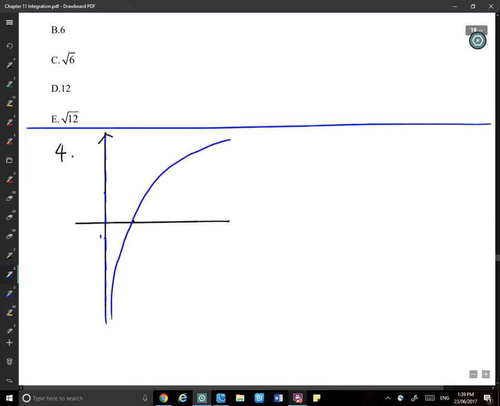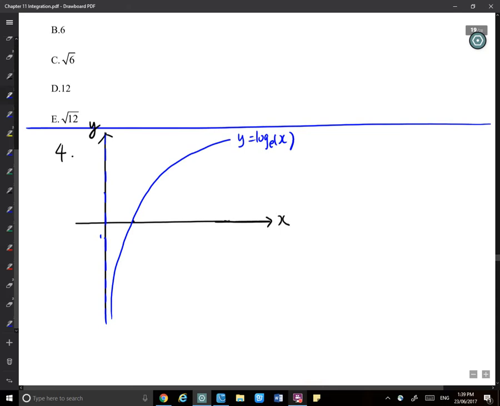I have the log e x graph. This is y equals log e x.